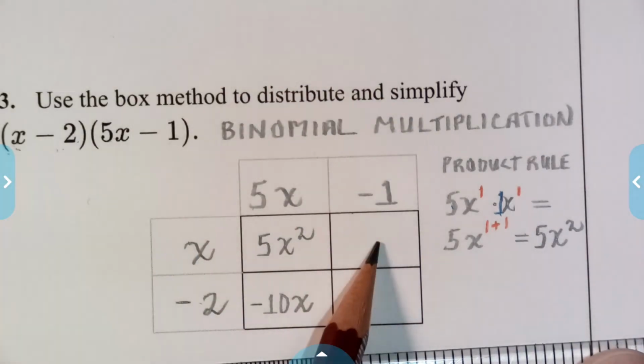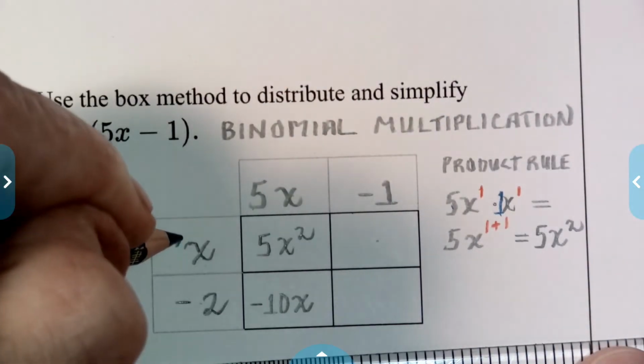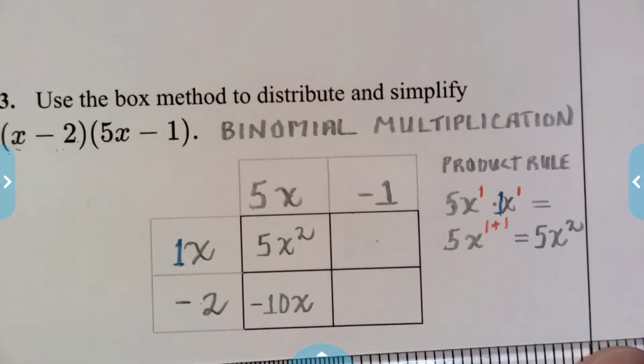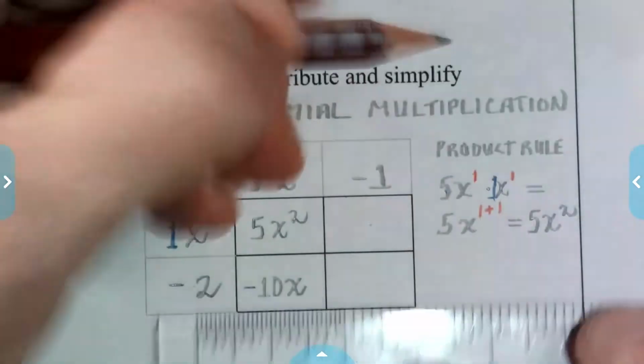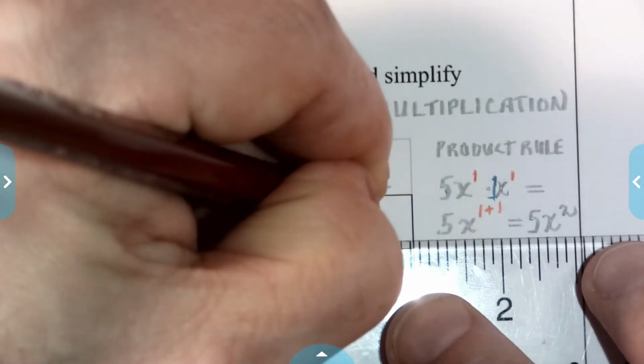And then the next linear term is here. We have 1x times negative 1 gives me negative 1x.